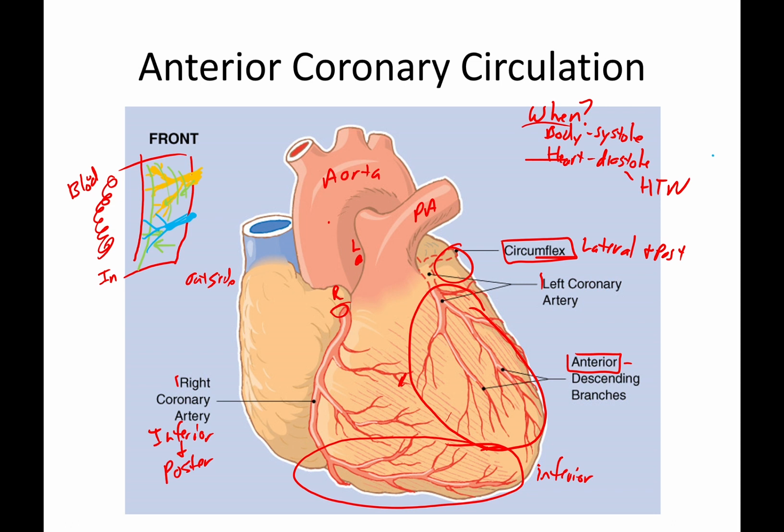The other reason that we're really focusing on this right now is that I wanted to illustrate that specific coronary arteries and sections thereof feed specific portions of the heart as well.